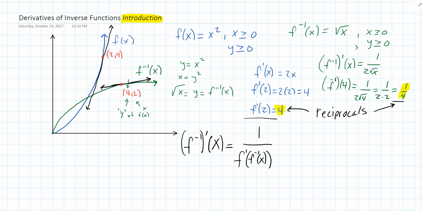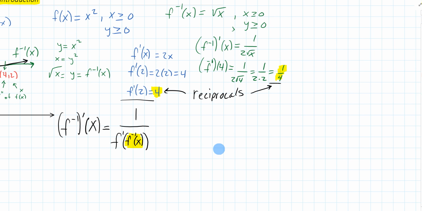Now I'm going to explain this part right here. The part on the inside may not have been so obvious. Let me do a quick pre-calc review. So we all know that y means f of x.